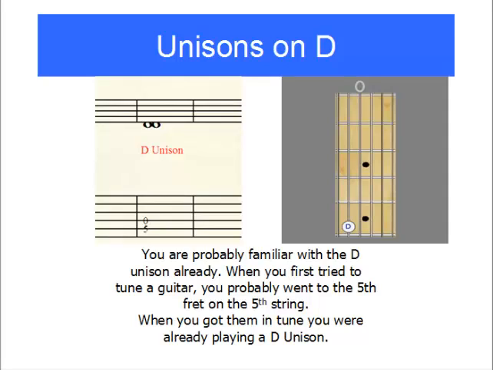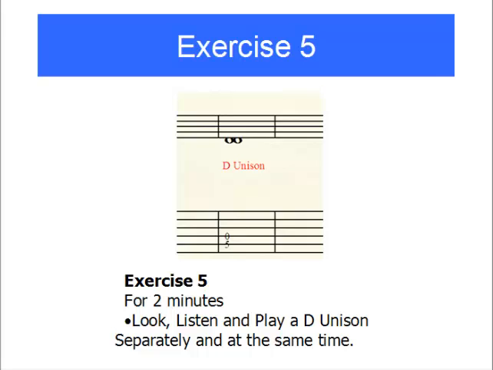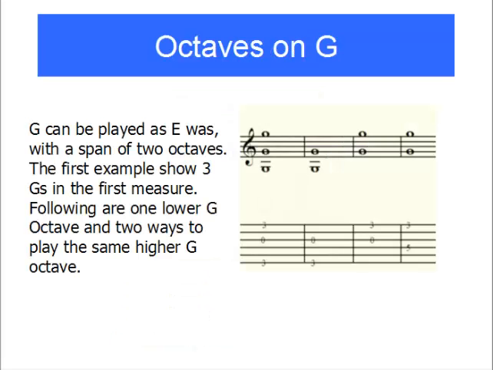So this isn't probably too much news to you here, but you are learning what the interval of a unison is and the difference between that and an octave. So for 2 minutes, look, listen, play a D unison separately and at the same time.